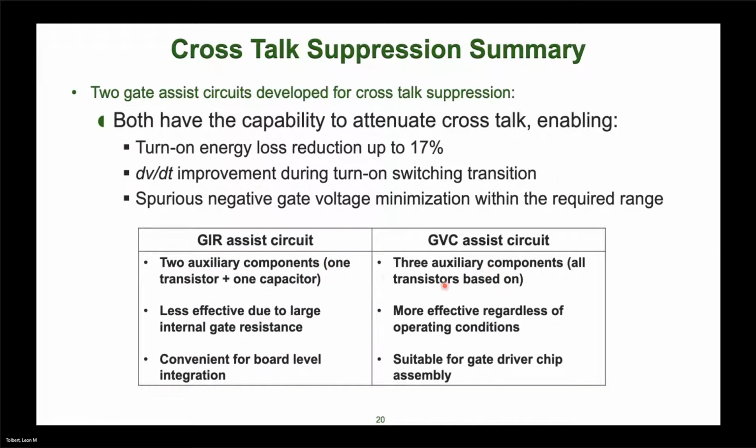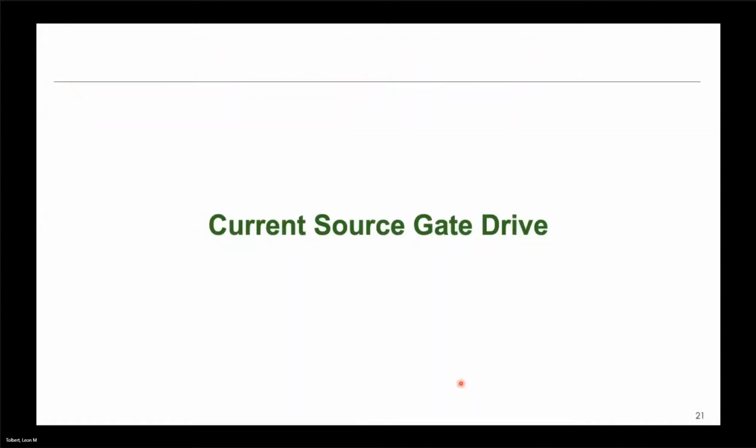And it just requires a few auxiliary components. And one of these is a little bit better if you're doing it at board level. One's a little bit better if you were trying to do some sort of integrated gate driver chip. So those are a couple of voltage source gate drive options.